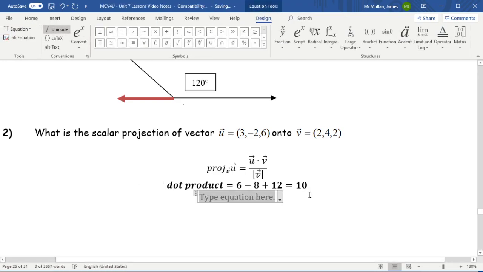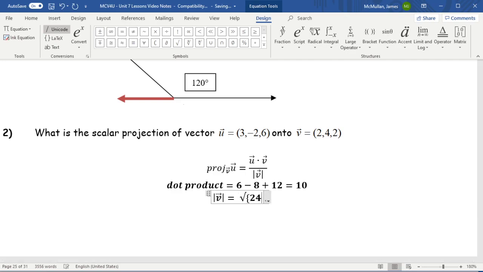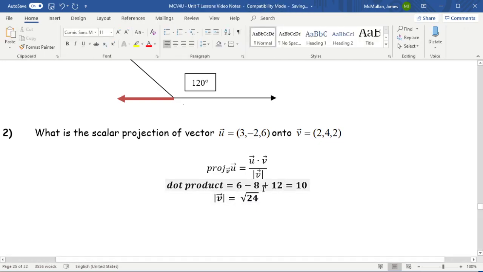Okay, the magnitude of v, don't actually need the magnitude of u, right? But the magnitude of v, it'd be 2 squared plus 4 squared plus 2 squared, which is 24. And then we need the square root. The magnitude is square root 24.